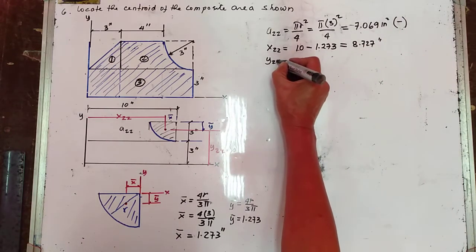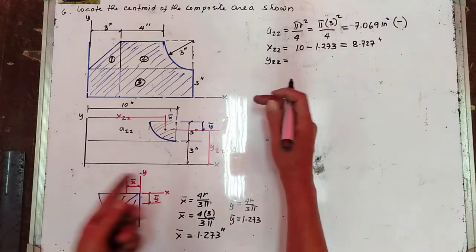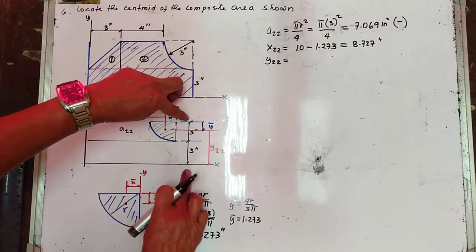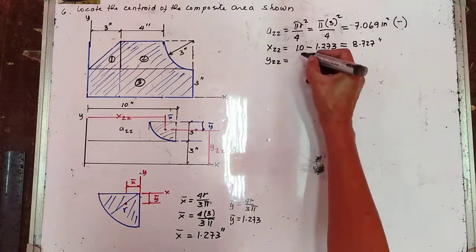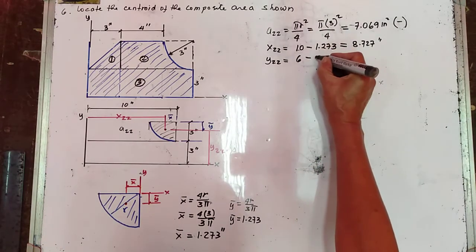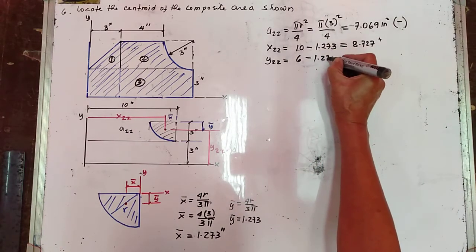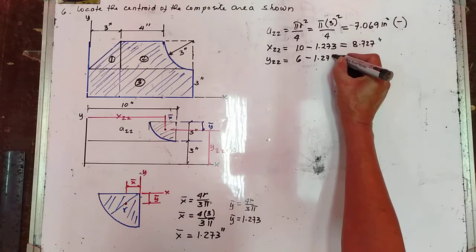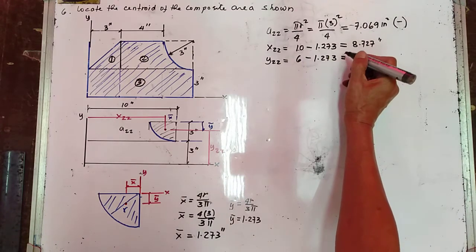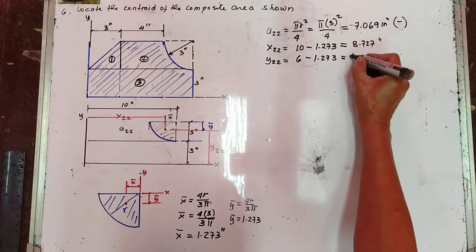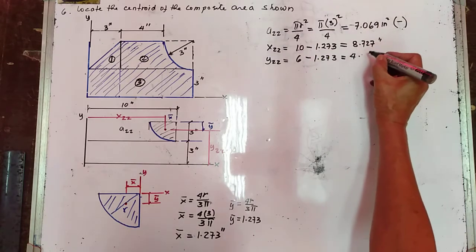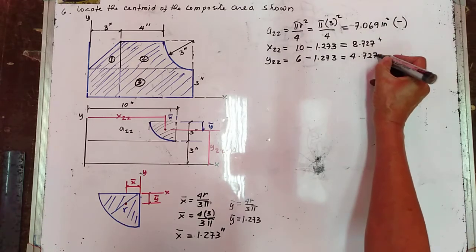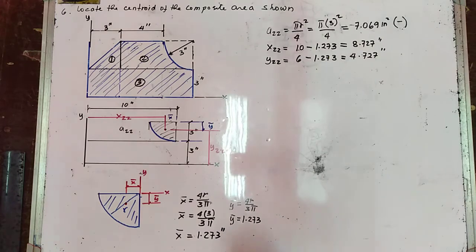And your y22 is 6 minus bar y, that is 6 minus 1.273, equal to 4.727 inches.